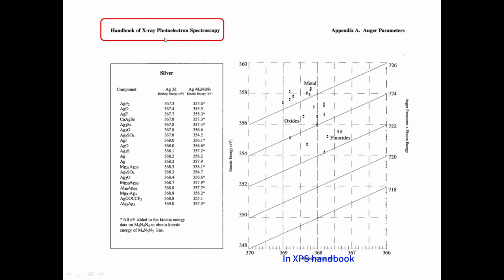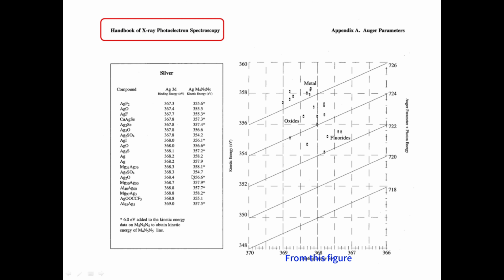In the XPS handbook, you can see the binding energy values of silver 3d5 for different chemical states, and the kinetic energy values of the Auger peak.